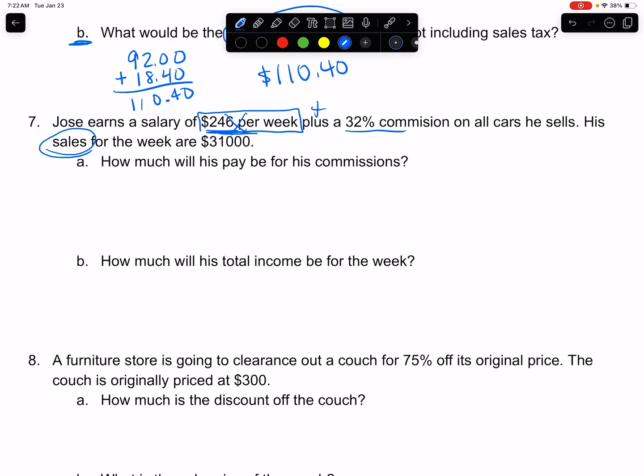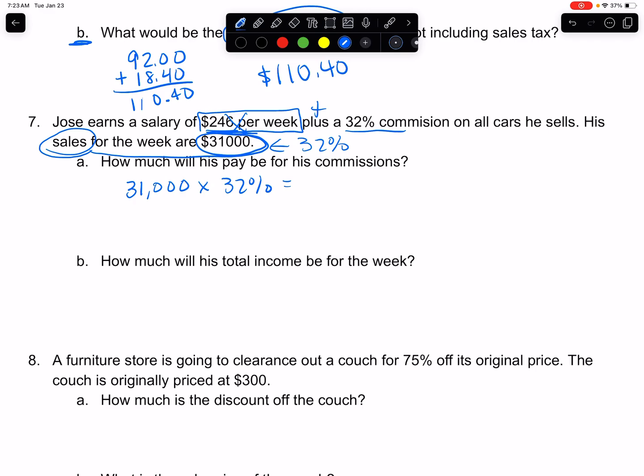He earns off what he sold. So he gets 32% of what he sold. So I don't have to worry about that 246 yet. So I'm going to take that 31,000 and multiply it by 32%.